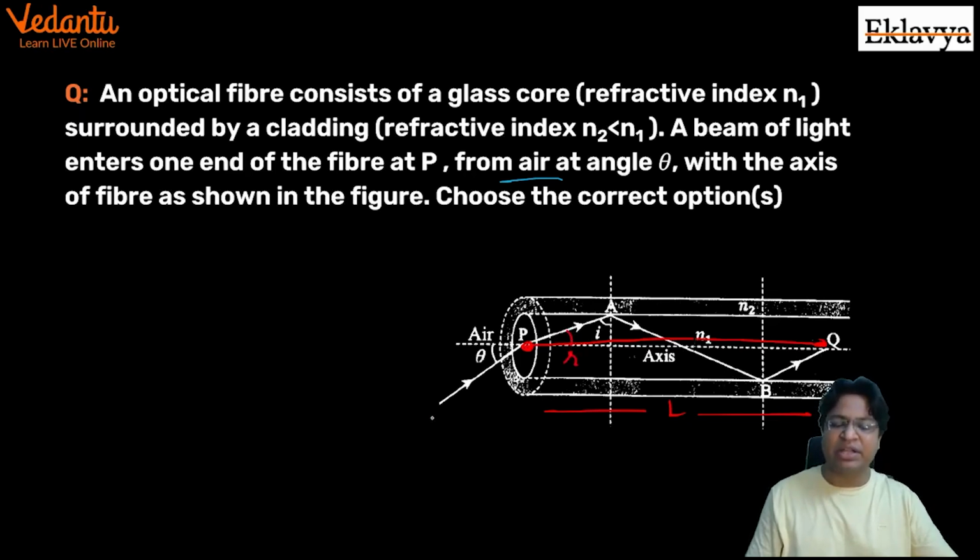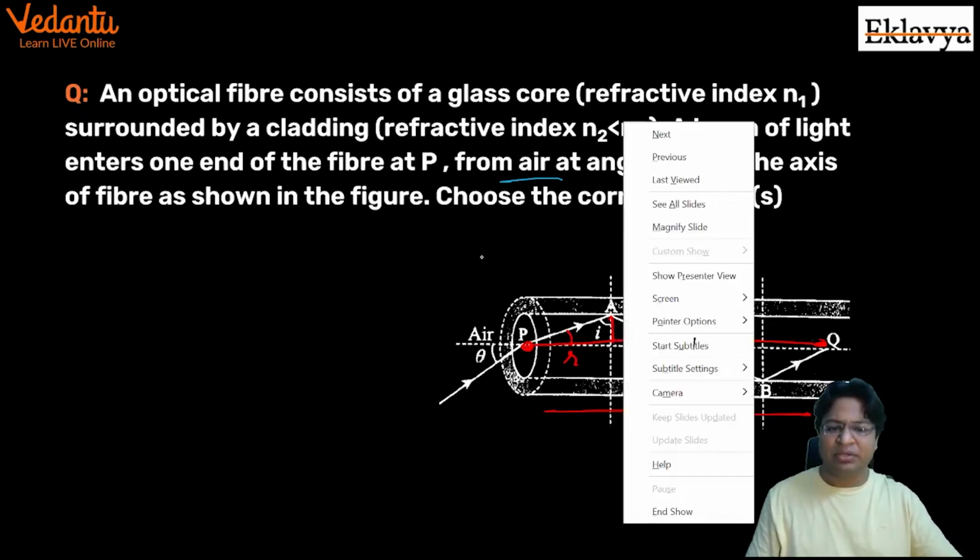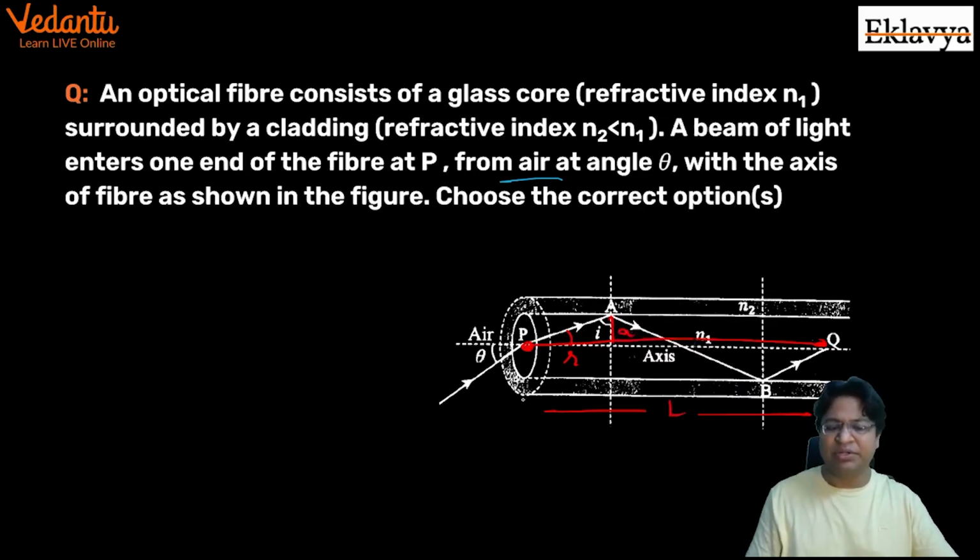This angle is, let's say, the angle of refraction, and this is the radius. Let the radius be a. It is not given in the question.